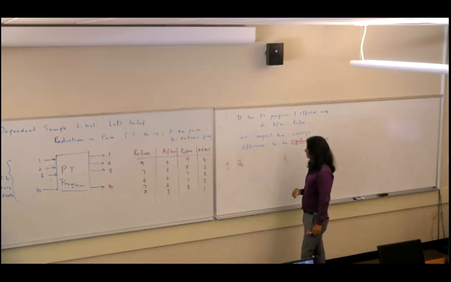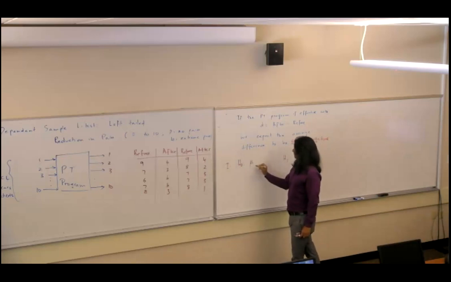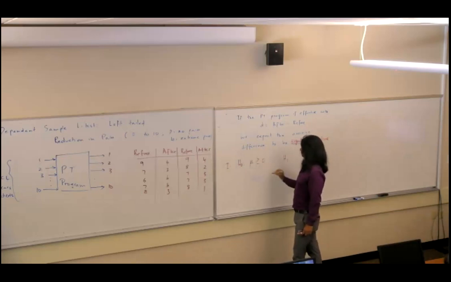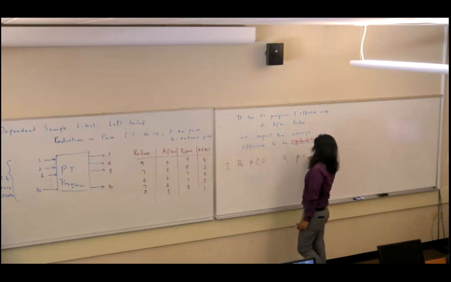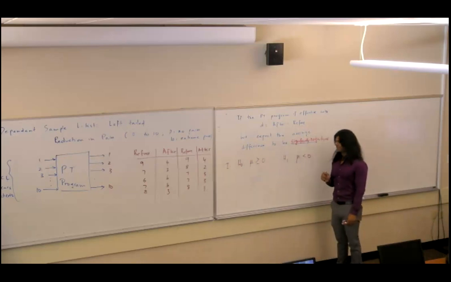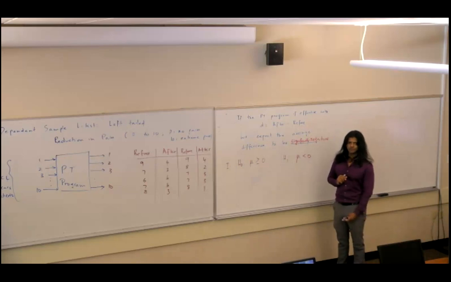Well, the null would be that mu is greater than or equal to 0. And the alternative is mu is less than 0. Olivia, I saw your hand go up. I was going to say the same thing, I just don't remember why the null has to be equal to, because I thought it had to be significantly negative.